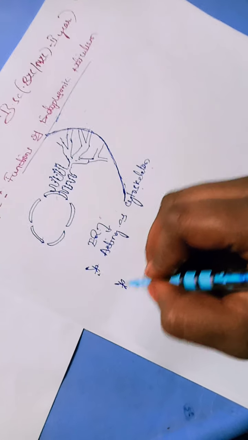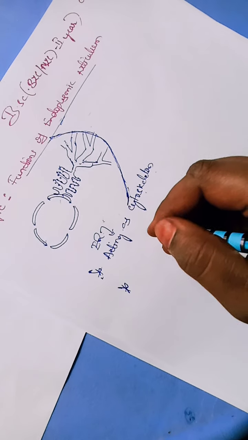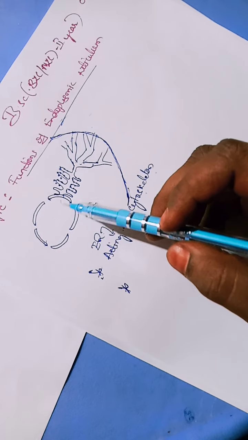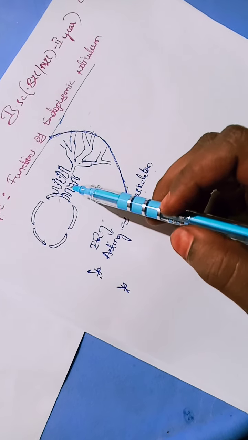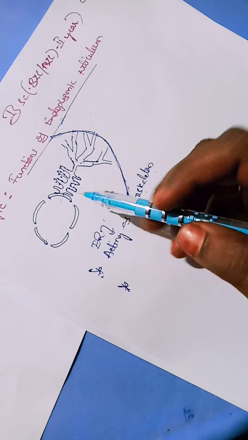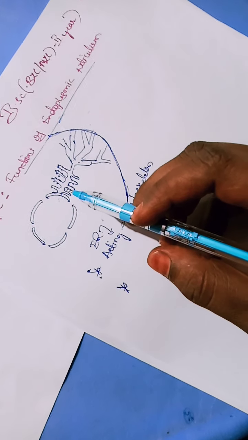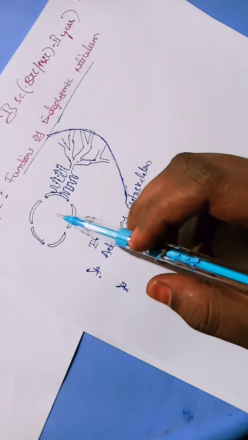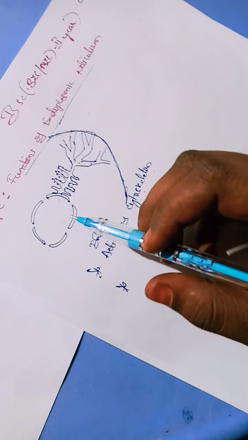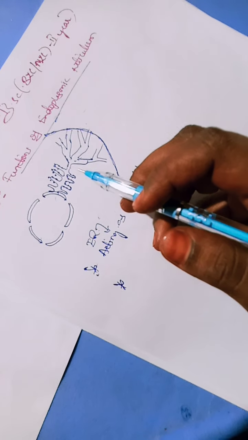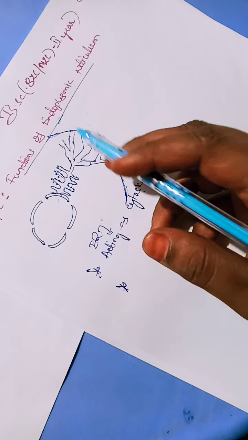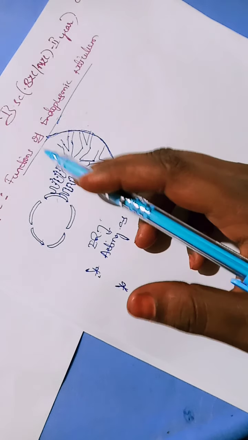The next important function: the ER develops from the nuclear membrane, no? So whatever substance or information is produced in the nucleus will be received by the endoplasmic reticulum, and the information is also passed to other cell organelles.